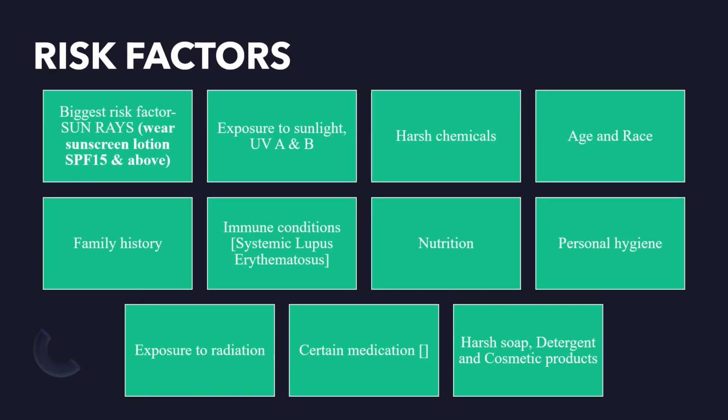The third is the harsh chemicals that we use in our daily lives. The fourth is age and race. The fifth is family history. Sixth is immune conditions such as systemic lupus erythematosus. Seventh is nutrition. Eighth is personal hygiene.